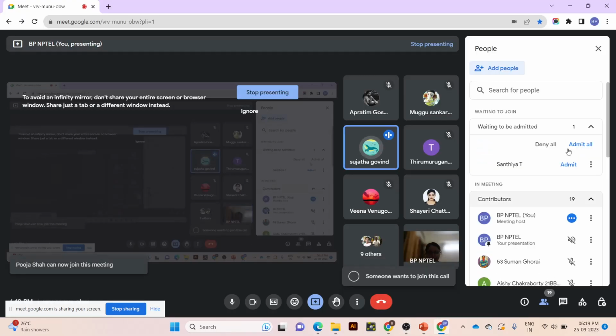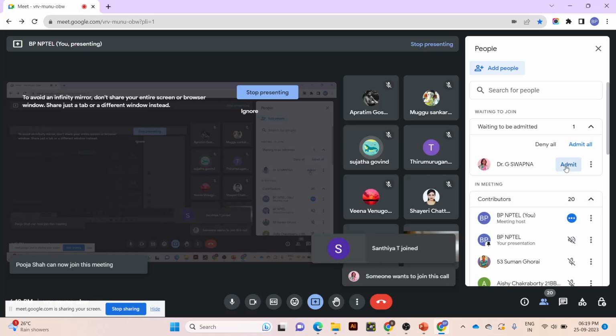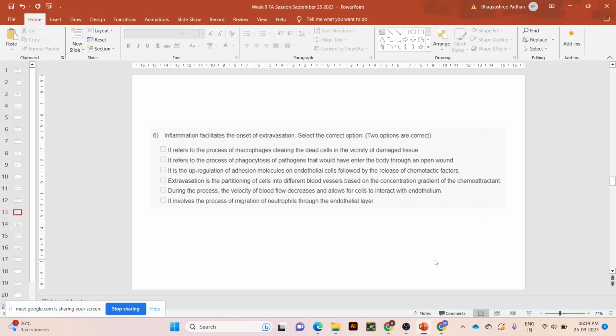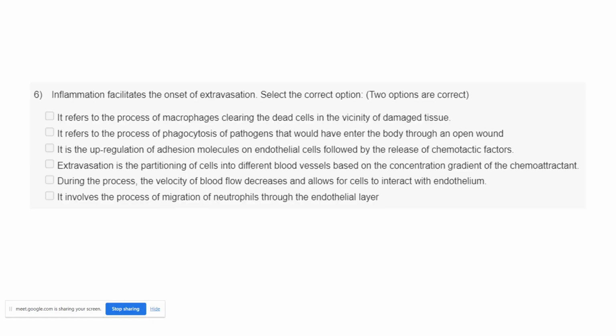Option 5 and 6. Okay. Anybody else? Option 3 and 6. 3 and 6.